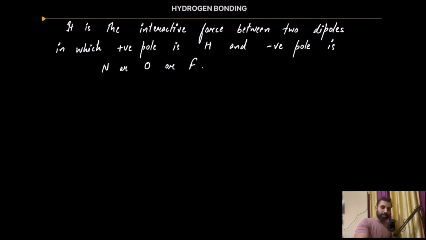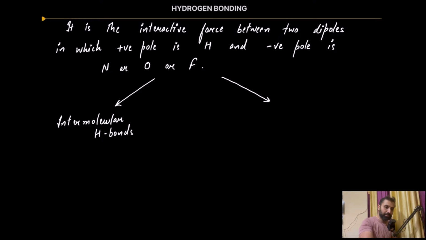Now, hydrogen bonds are of two types. The first one is intermolecular hydrogen bonds, and the another one is intramolecular hydrogen bonds.